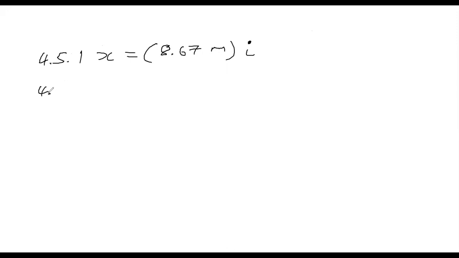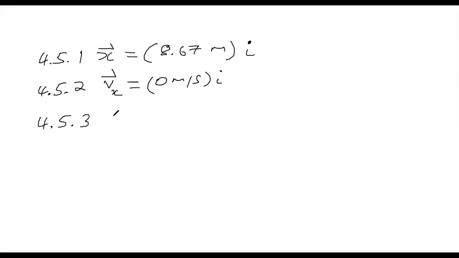Then after 2 seconds, the particle is at the turning point. Sometimes we use an arrow to indicate that this is a vector. So this will be 0 meters per second, because after 2 seconds the particle is at the turning point. There's an i there to show that this is along the x-axis. That is B.